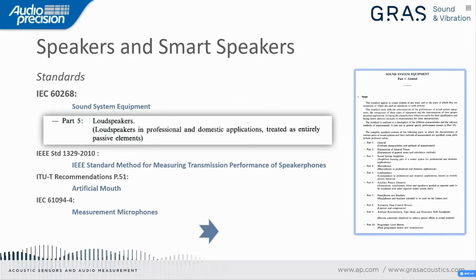The IEC 60268-5 points at the IEC 61094-4 when doing the acoustical test of a speaker. For the acoustical test, we need a microphone, and this microphone has to fulfill the measurement microphone standard, the IEC 61094.